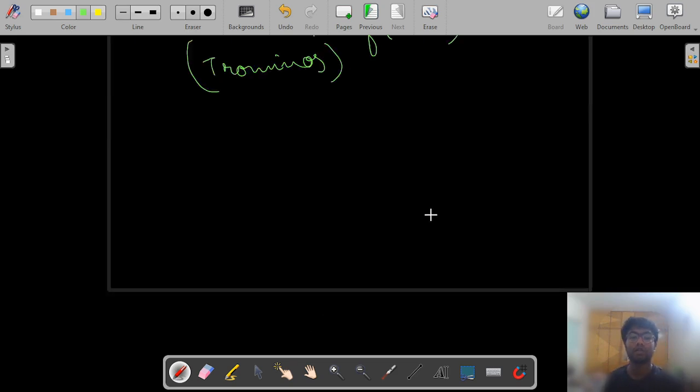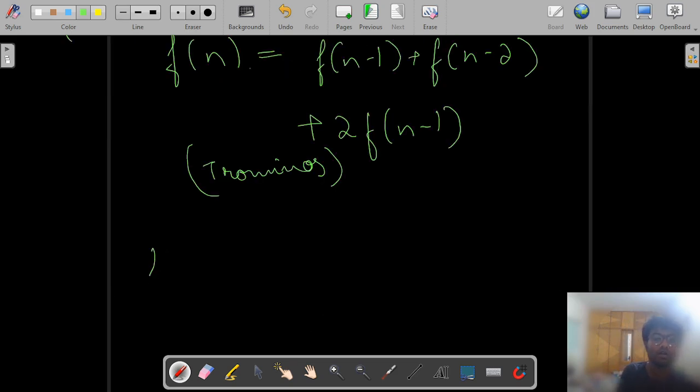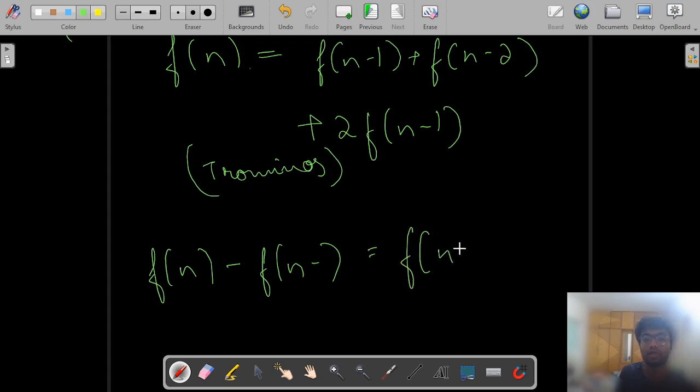So let's say if we do f of n minus 1, we end up with a formula something like this, where this can be the first part.